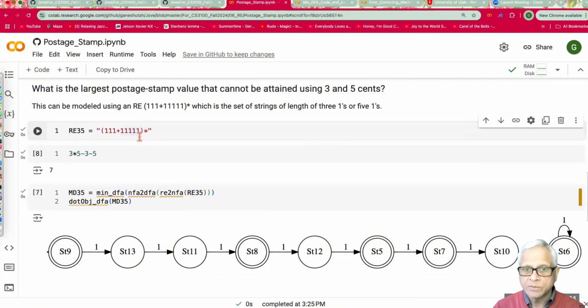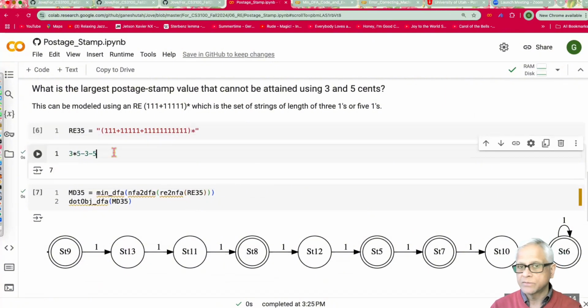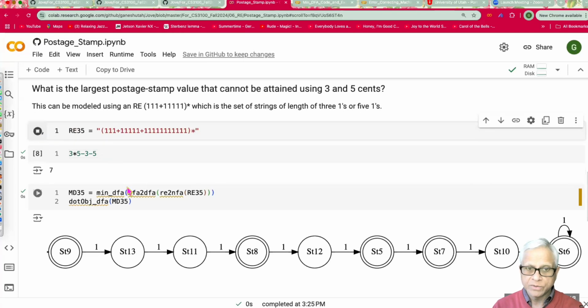Now suppose somebody says, I want to consider 11 cent stamps also. Then there is no equivalent Sylvester formula. It doesn't work. But your method using regular expressions still works.